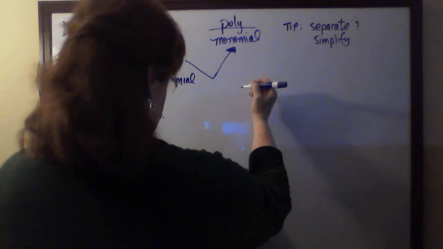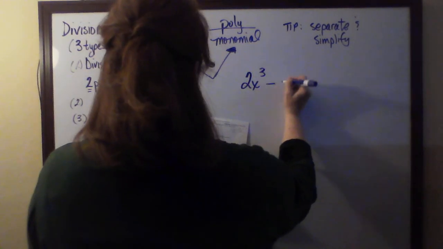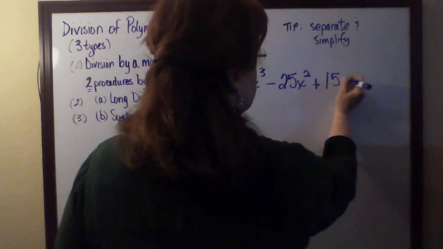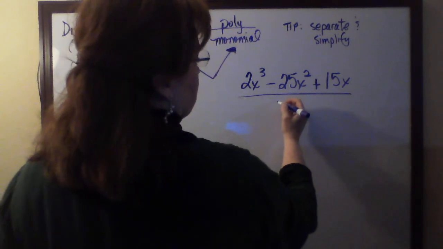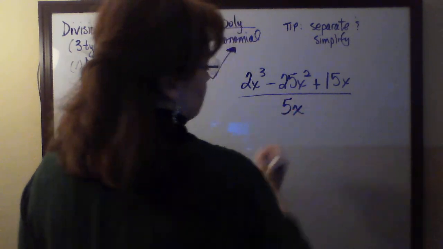So for example, let's say that we have 2x to the 3rd minus 25x squared plus 15x all over the monomial, let's say 5x.